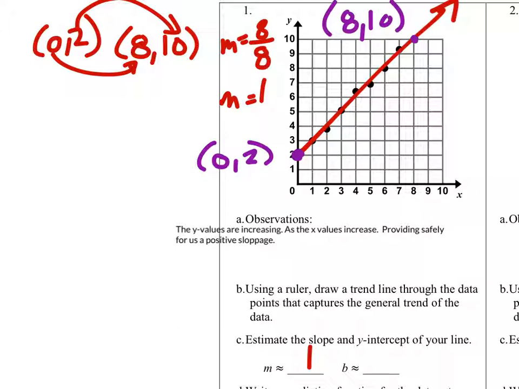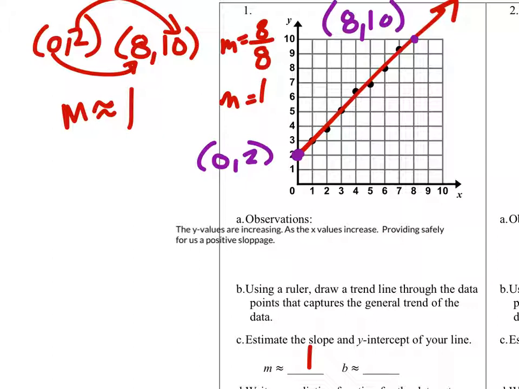Now it shows that m with this little squiggly equal sign, that's because it's an approximation. Of course, that means that yours may be approximately different than what I have, and that's okay. So if you got something like 0.9 or 1.1, we're still good there, okay?